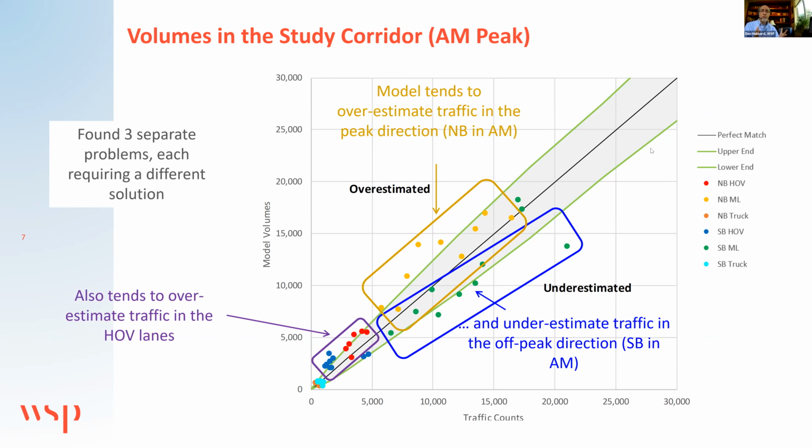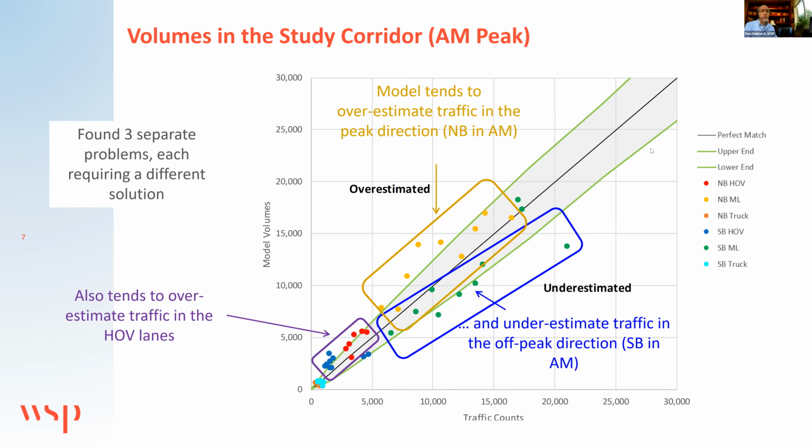And once you color code it, you can see that there are several different things going on here. For the amber dots, you can see that the model tended to overestimate traffic in the peak direction, which in this corridor was northbound in the AM. From the green dots, you can tell that it tends to underestimate traffic in the off-peak direction, that's southbound in the AM.